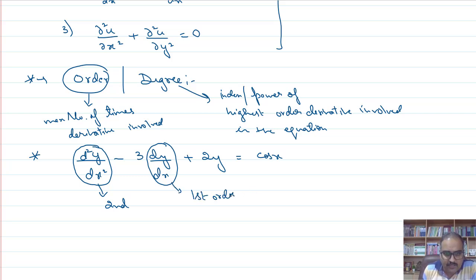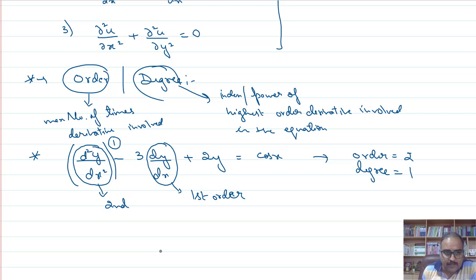So the highest order involved in this differential equation is 2, so its order will be 2. Now if I talk about degree, the power or index of the highest order is 1, so its degree will be 1.